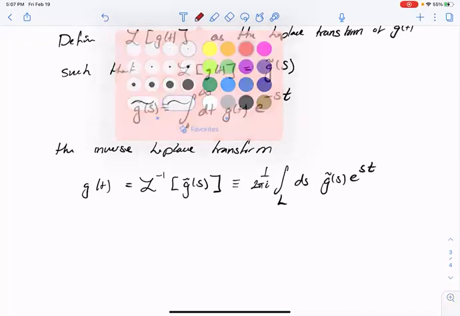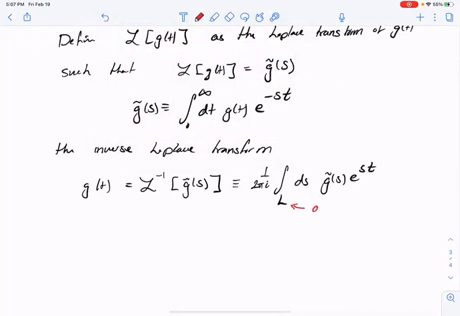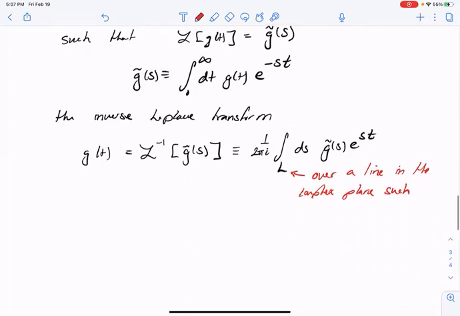This domain L is a line integral in the imaginary or complex plane such that the real part is greater than any singularities in g tilde of s.